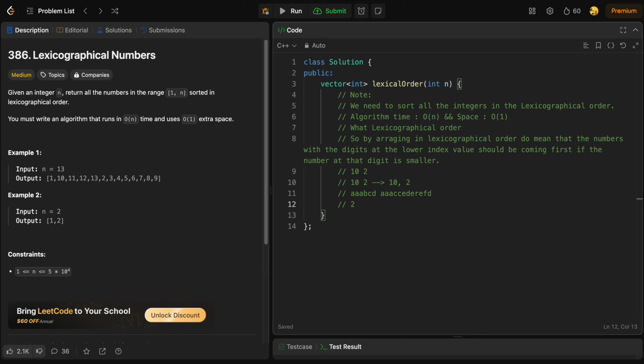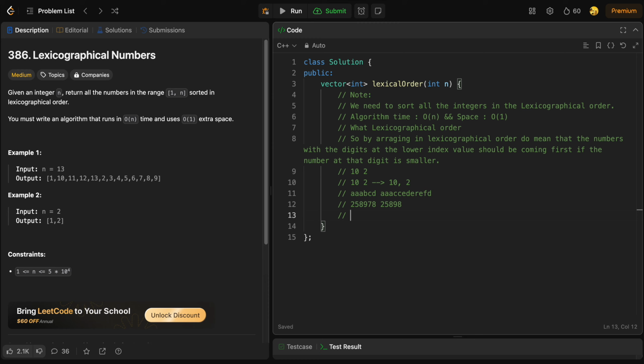In a similar way, if we consider the numbers 25897 and 25898, as 7 is lesser than 8, this comes first, followed by the other. I mean to say this is not actually a greater-than or lesser-than comparison; ideally we are just checking the digits. And we need to generate all the numbers lesser than or equal to n in lexicographical order.